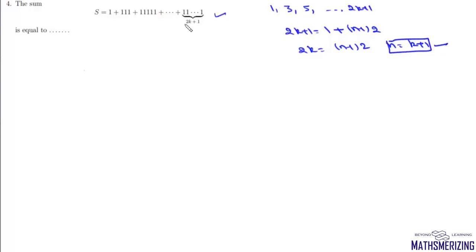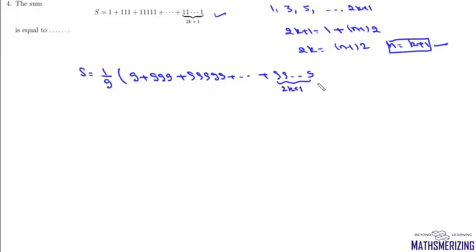Now in order to find the sum of this series, we'll multiply and divide it by 9. So we can write this as 1 upon 9, and it will be 9 plus 999 plus 99999, and then it will be 99...9, and it will be 2k plus 1 of them. Now we can write this 9 as 10 minus 1. So it will be 10 minus 1. It will be 1000 minus 1.